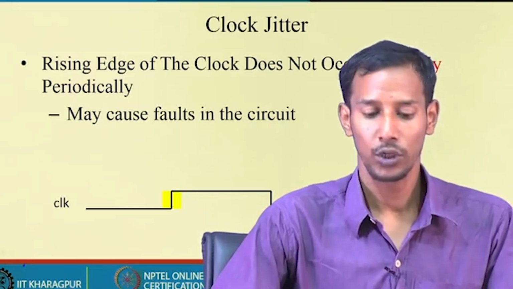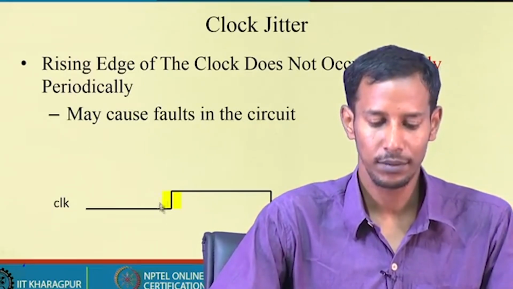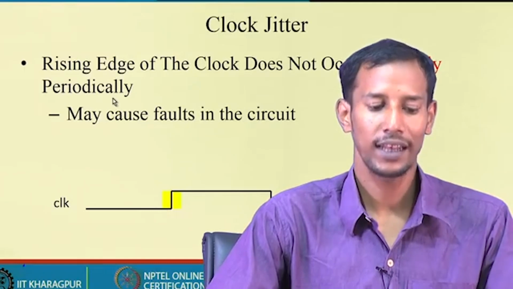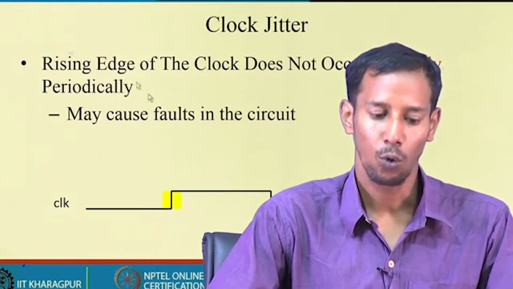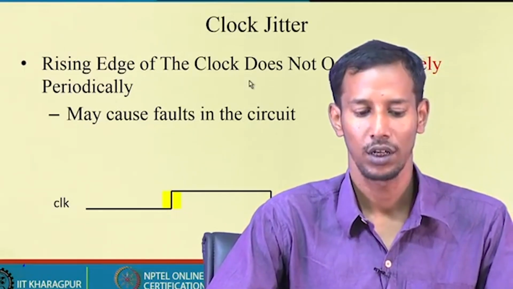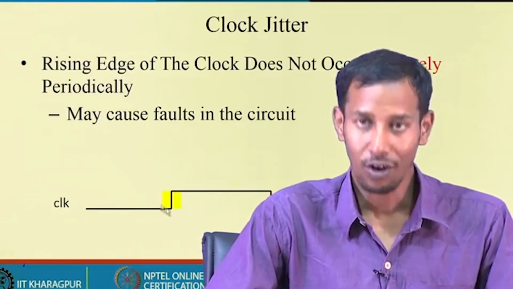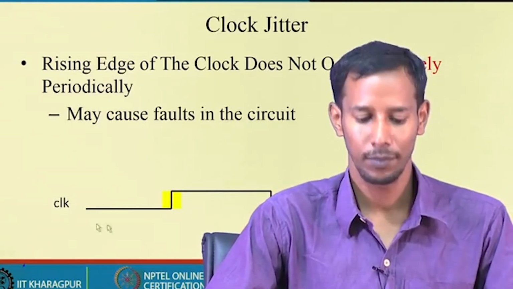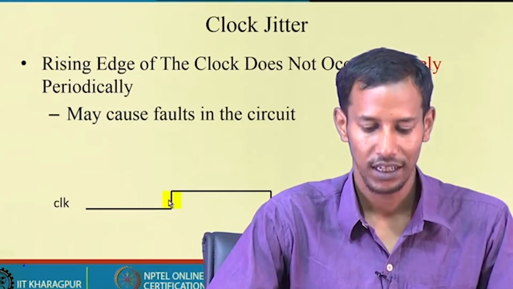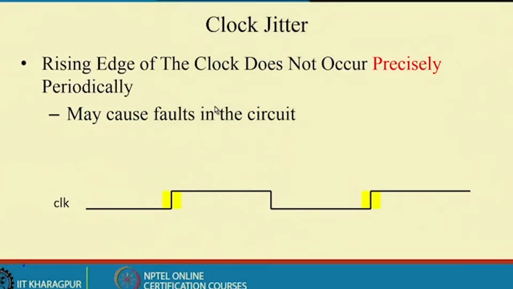Whenever the clock is generated, not all the edges of the clock occur at precisely the same time. That means the edge is not precise for all the clock edges of an ongoing clock, so it may cause faults in the circuit.